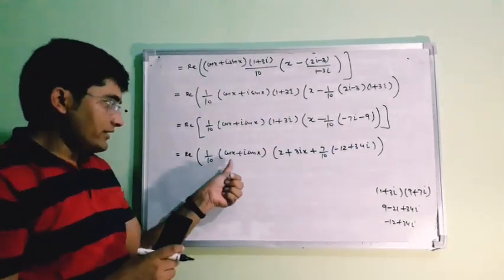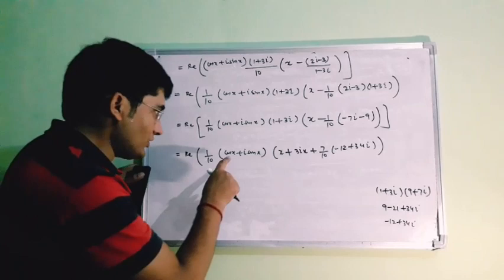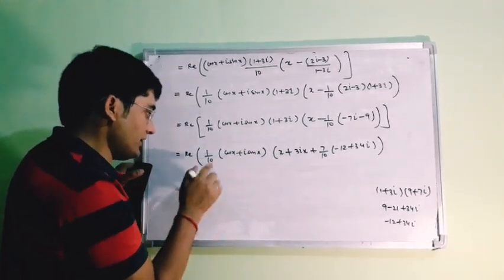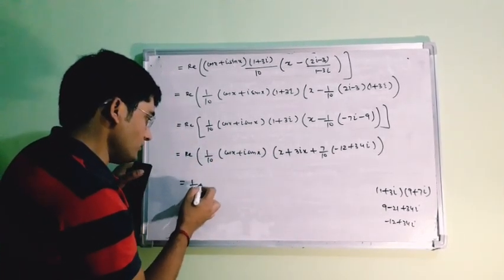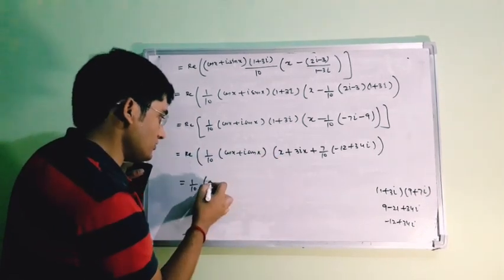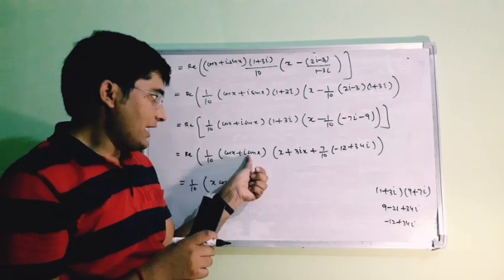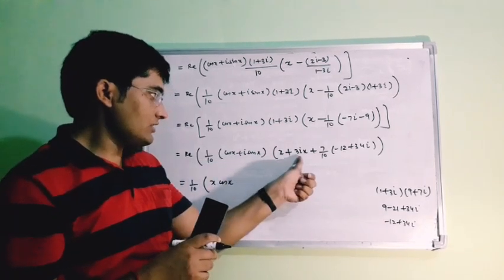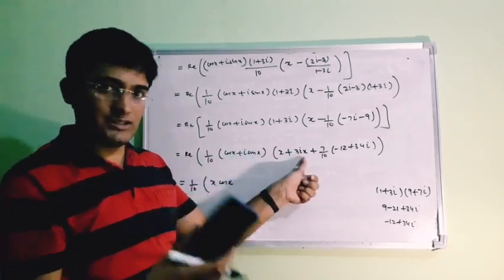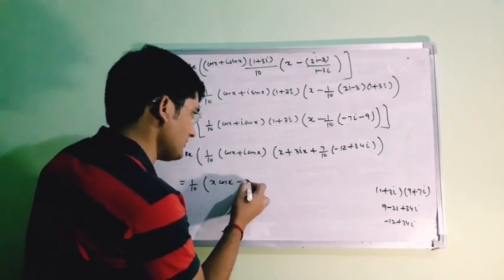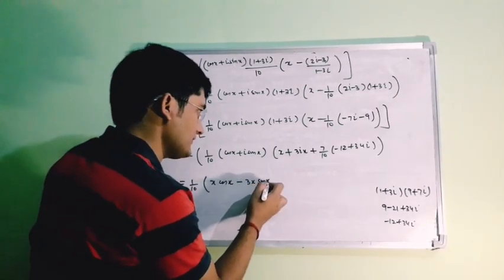Now as we need only the real part, so your real part will be x into cos x upon 10. So this is equal to 1 by 10 x into cos x. Now if you multiply i by this term, then we will get i into i, that is your i square is minus 1. So we will have the next term as 3x into sin x.